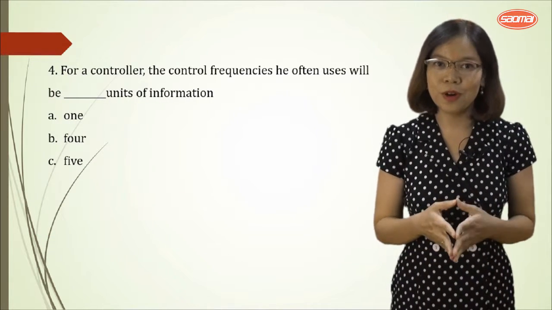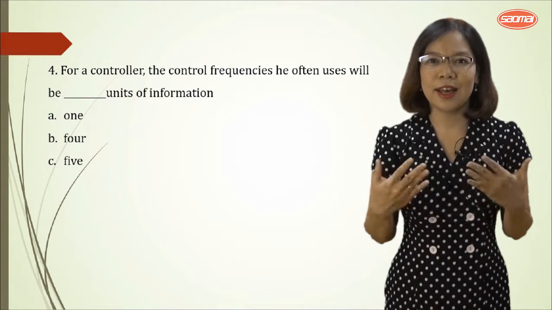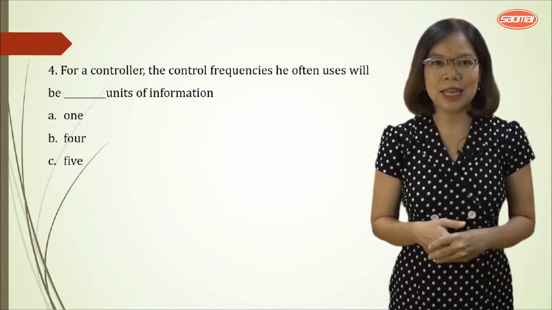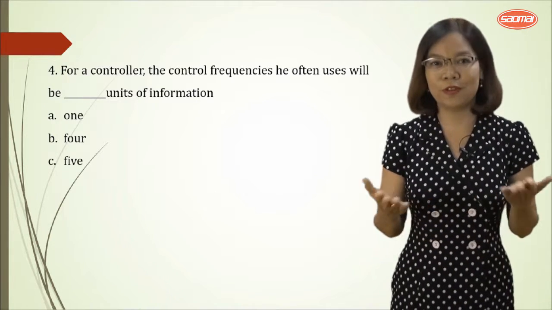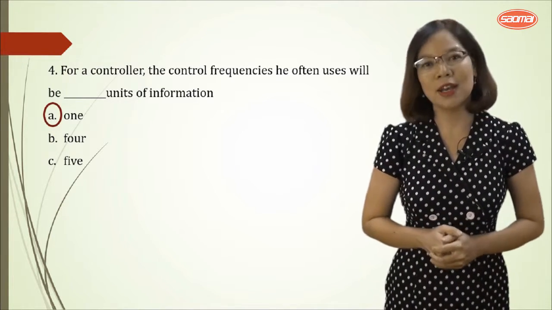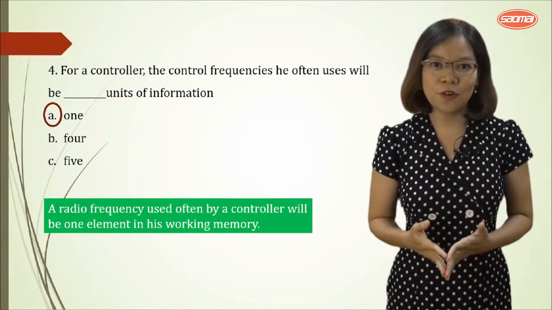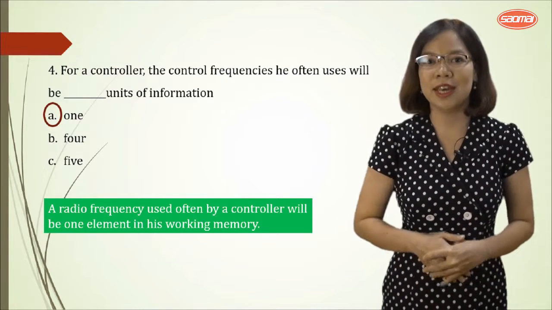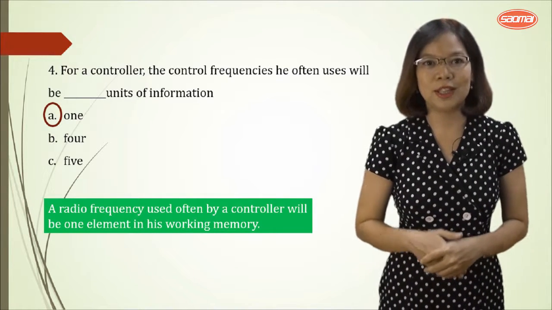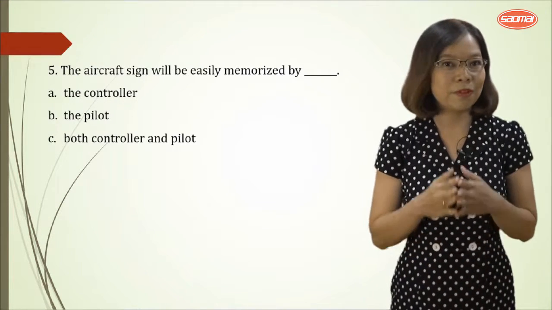How about number 4? For a controller, the control frequencies he often uses will be how many units of information? We have 1, 4 or 5. So let's see, 1 is the correct answer. So a radio frequency used often by a controller will be one element in his working memory. So we have 1 element. And how about number 5?